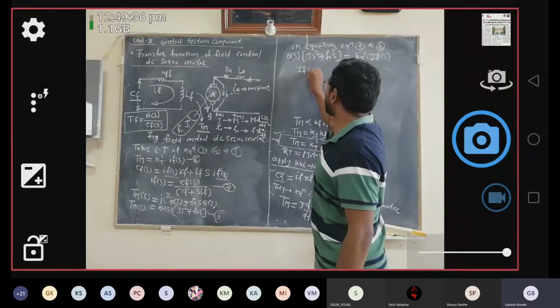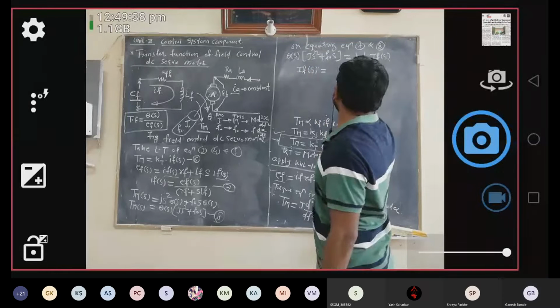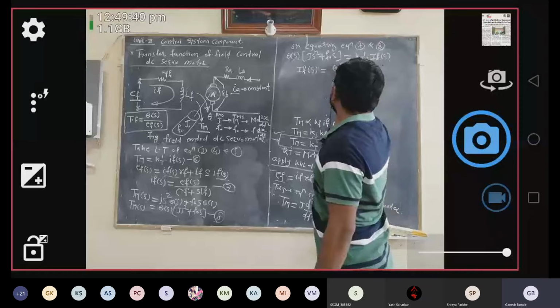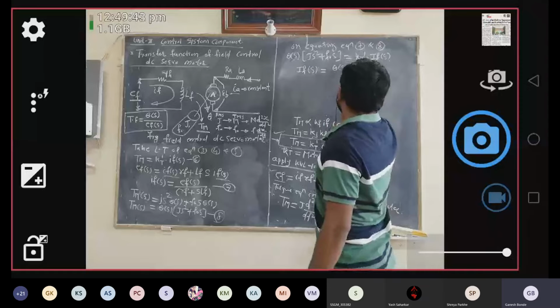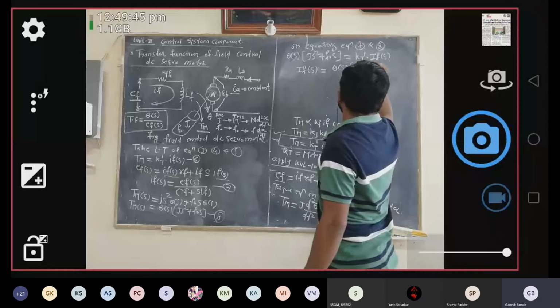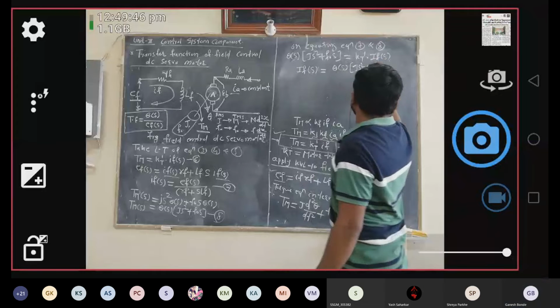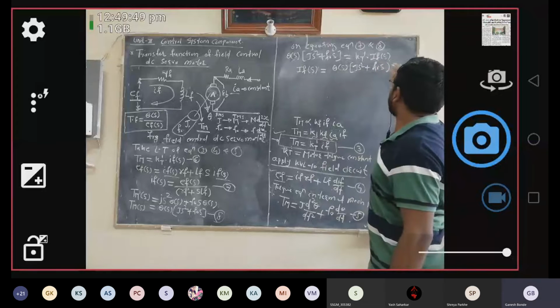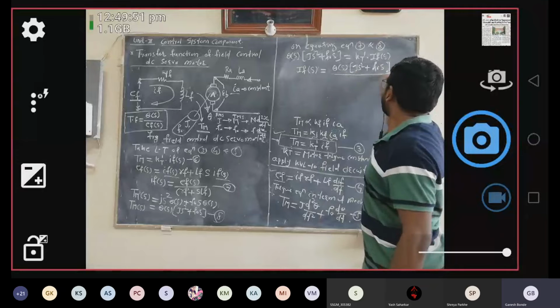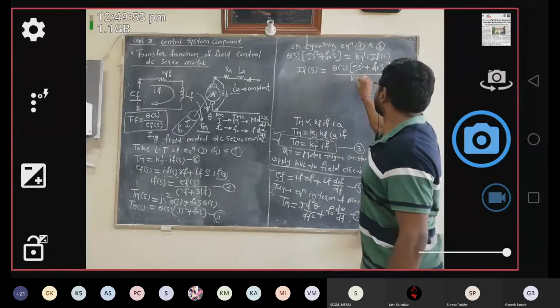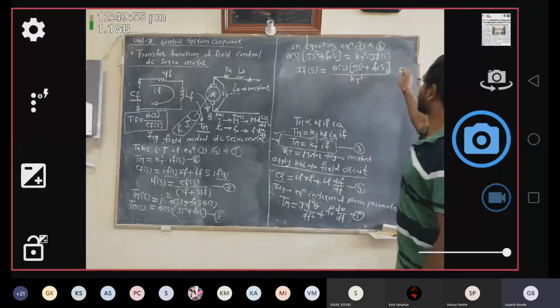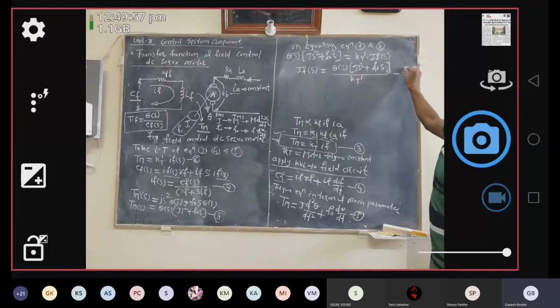So I f of s equal to theta of s into J s square plus f0 s upon Kt dash. Give equation number 9 for this.